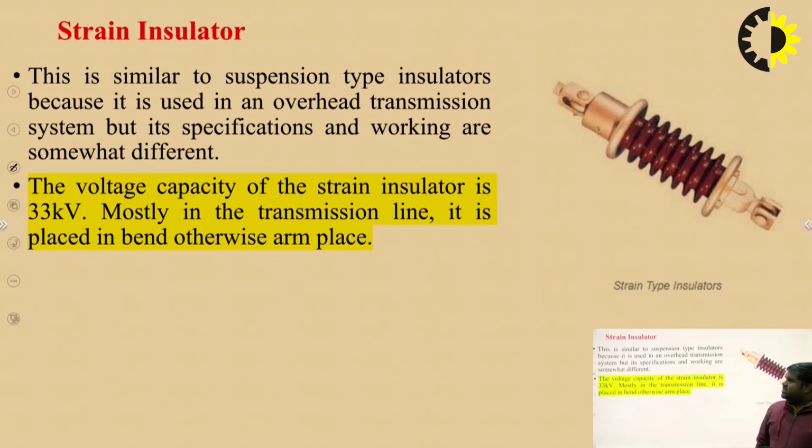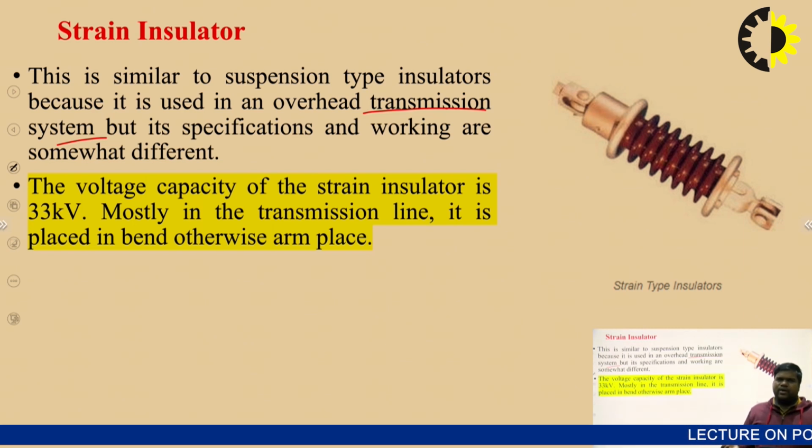The other one is the strain insulator. This is similar to the suspension type insulator because it is used in overhead transmission line systems, but its specification and working are somewhat different. This is actually used in most of the transmission lines, and it is placed in the band or the arm places.